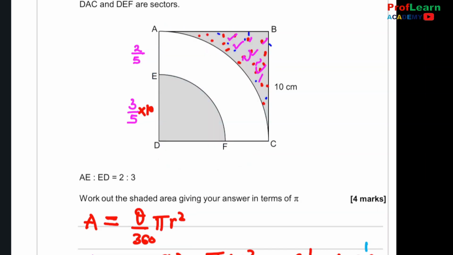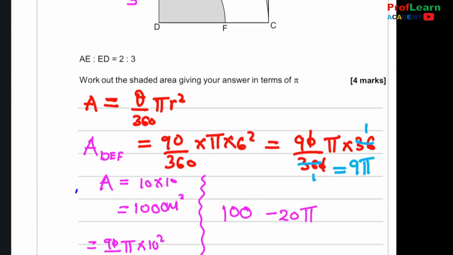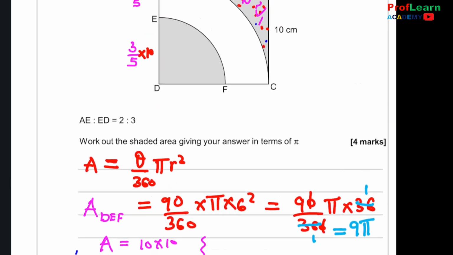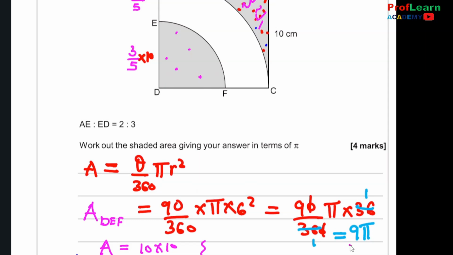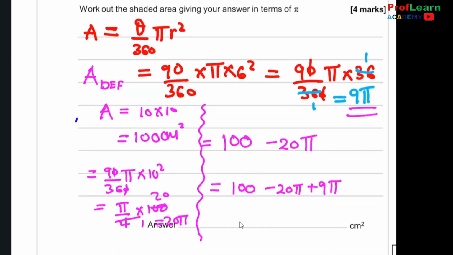So this section that is shaded here is the one that is 100 minus 20 pi. So that is the area of that sector. But remember, the area of this other shaded part was 9 pi, so that to get the total area of the shaded region to be 100 minus 20 pi plus 9 pi, and this is going to reduce to 100 minus 11 pi as our answer for that part.